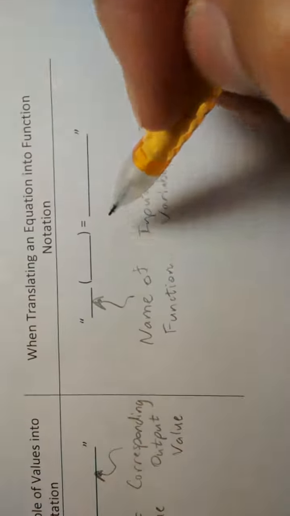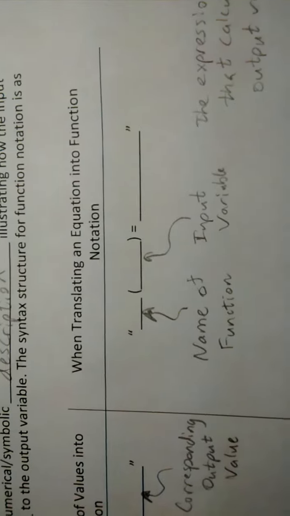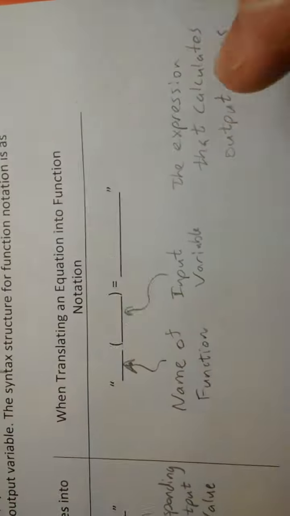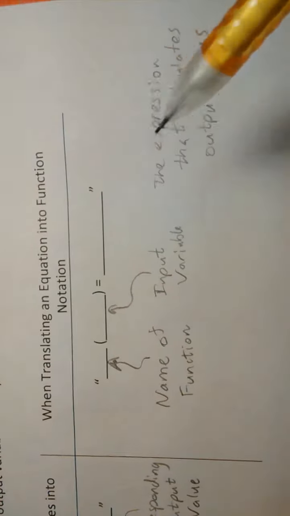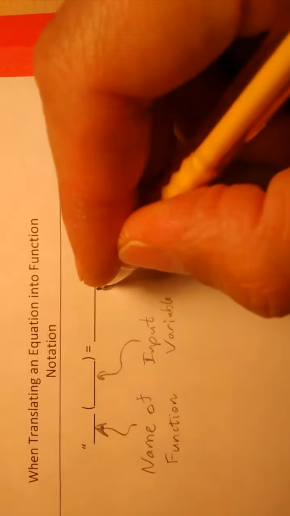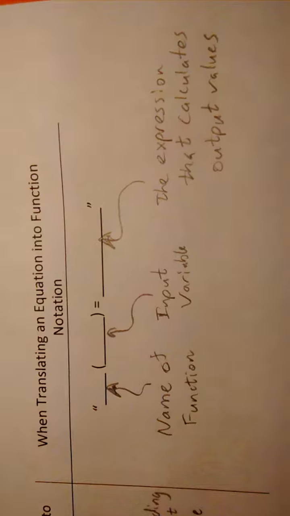Inside here is actually more general, the input variable. Here it was the input value since we had specific values. When you take it from an equation into function notation, you have the input variable here, and likewise we don't have a corresponding output variable, but what we do have is the expression that calculates output values. So keep that in mind as we talk here.